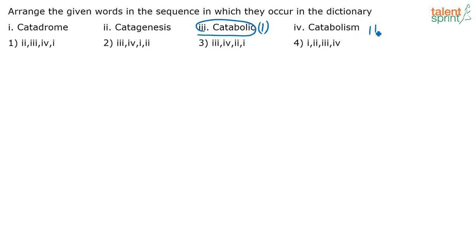Then this will be the second word that comes. Then you will have catadrome followed by catagenesis. Which option is that? That is 3, 4, 1 and then 2. 3, 4, 1 and 2 is option 2.